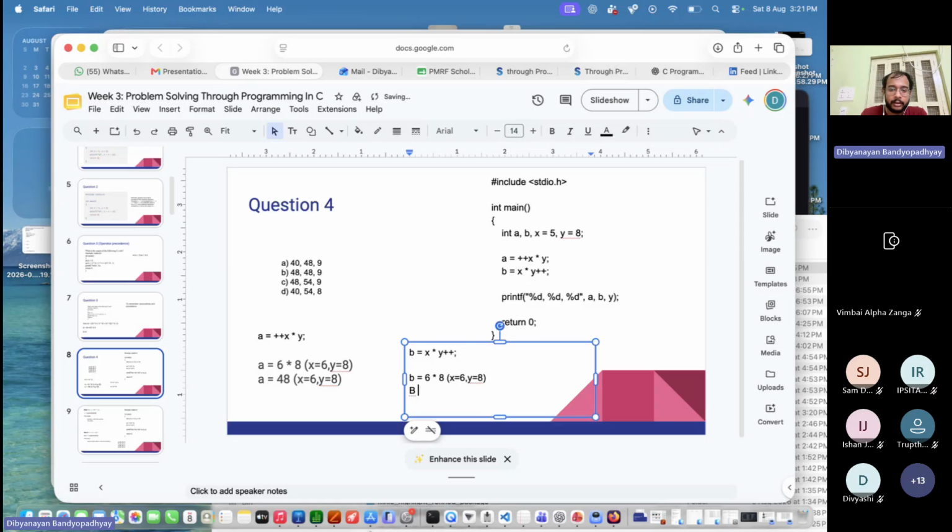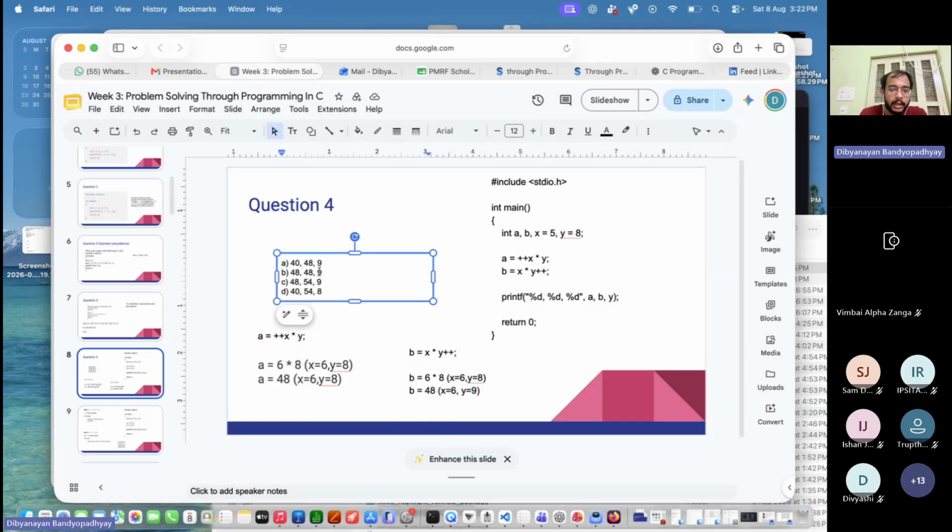After that, this will be multiplied and the value of B will be 6 into 8, 48. And then Y's value will be incremented. So X equal to 6 now and Y equal to Y plus plus, which is basically 9 because the previous value was 8. So A is 48, B is 48, and Y is 9. So 48, 48, 9. This is the correct answer actually.